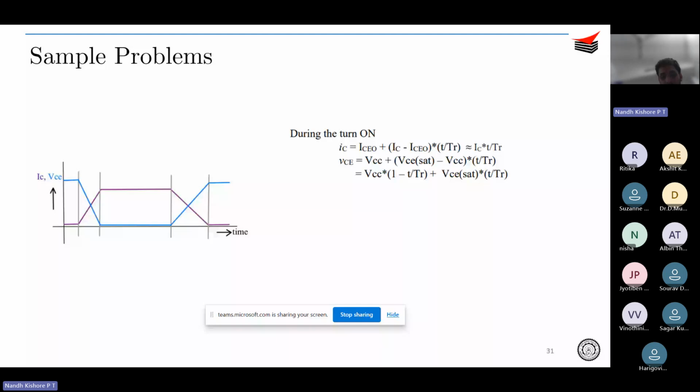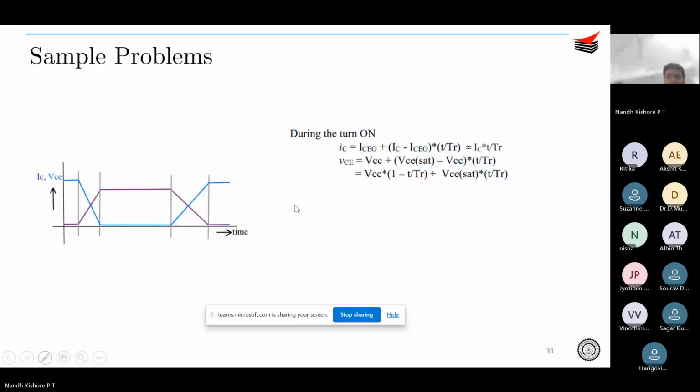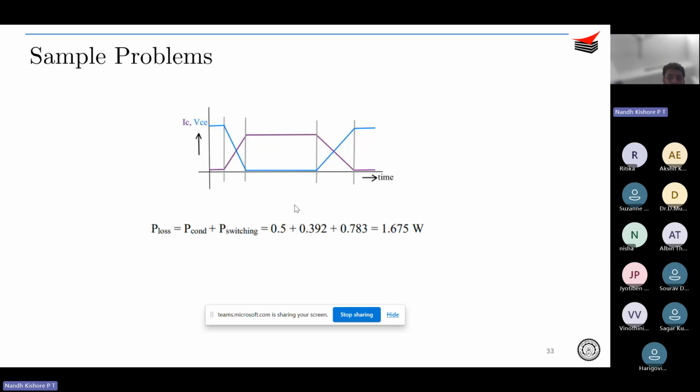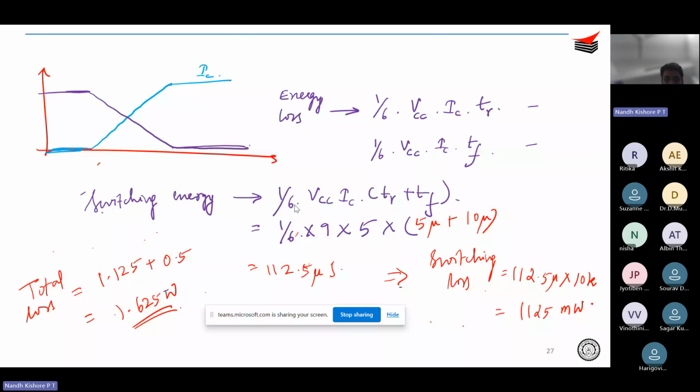Your conduction loss turned out to be 500 milliwatts.